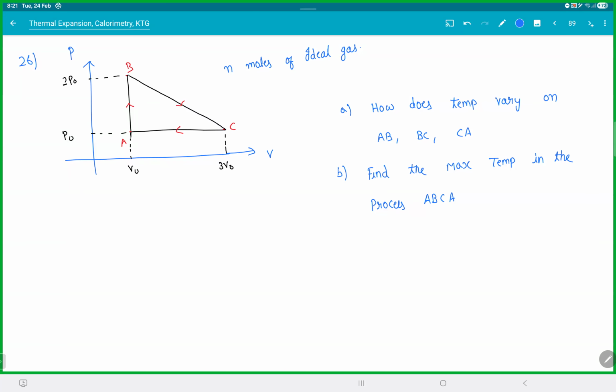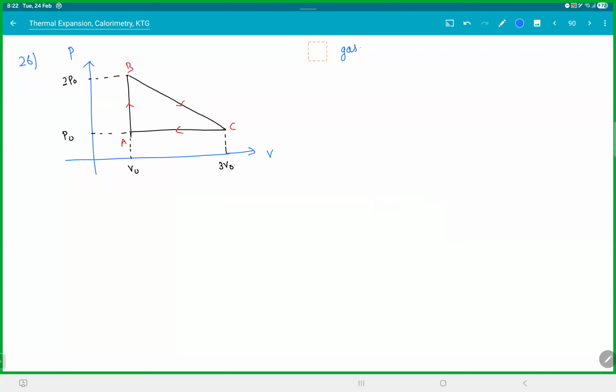Let's see. On a PV graph, whenever you're talking about temperatures, this is what you do. First ask yourself, on a PV graph, how do you look at temperatures? These are not straight lines.